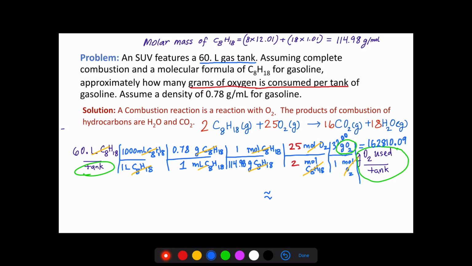So that's going to be 16. You're going to round off there, but you need placeholders for these. Okay, so you have 16 and then 4 zeros after it. And that many grams of O2 is used per tank. You can say used or consumed per tank. Okay, there's your answer.